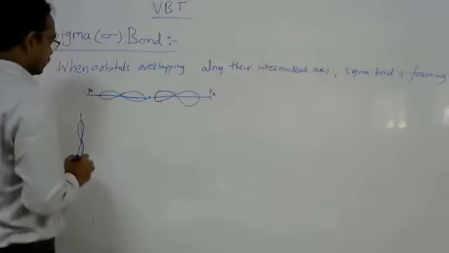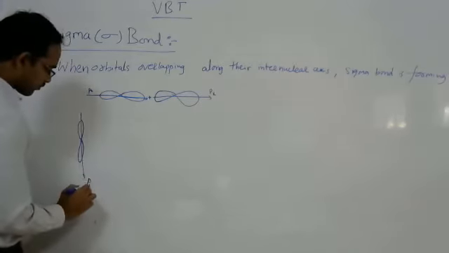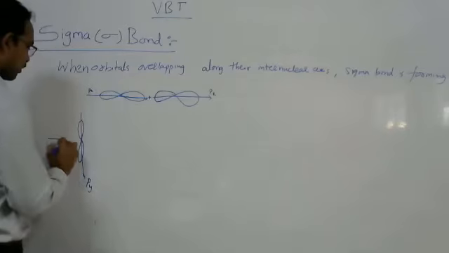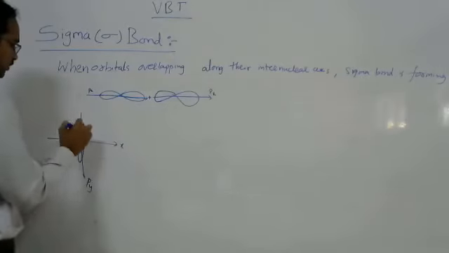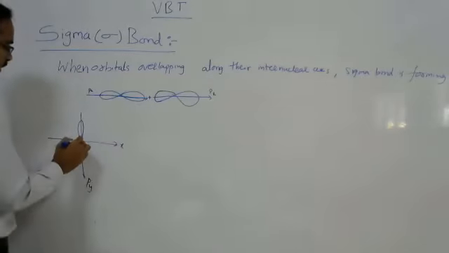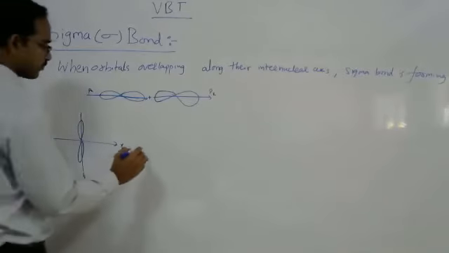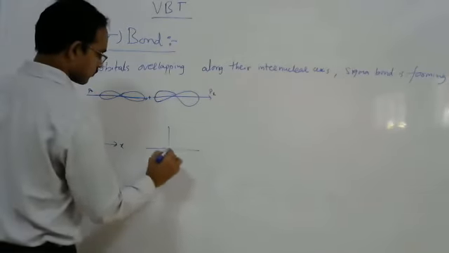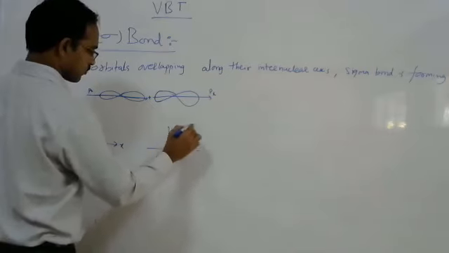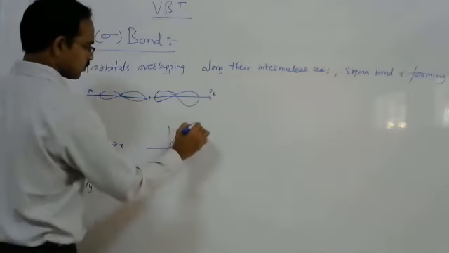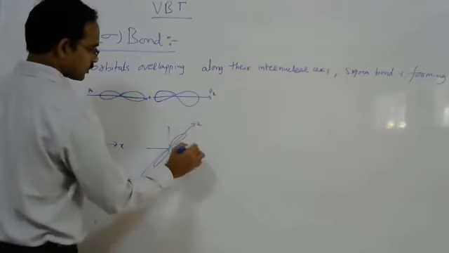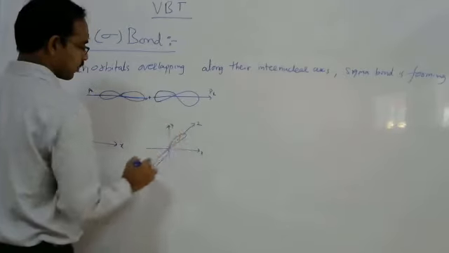Okay. So it is py. The py. देखो py it is x axis. It is the y axis. ठीक है. Z axis में दूसरा होगा. Z axis, x axis, y axis.